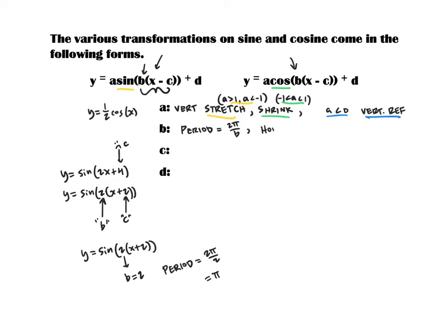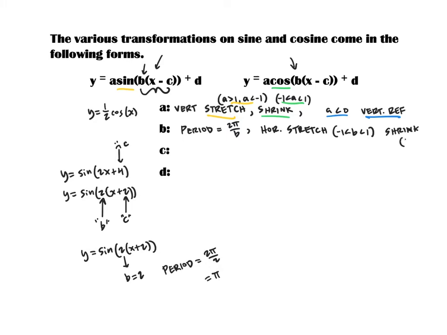There's a horizontal stretch given that B is between 1 and -1, similar to the shrink vertically.